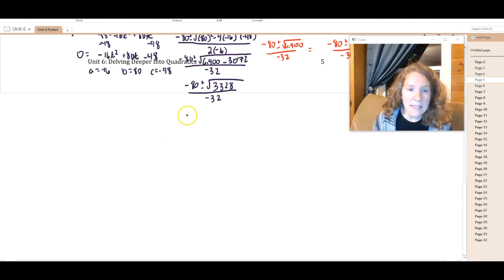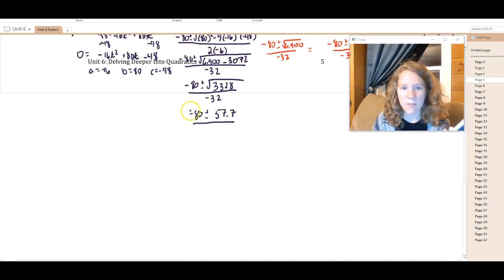But I got negative 80 plus or minus the square root of 3,328 is approximately 57.7. I'm just going to round to the nearest tenth or hundredth. It's going to be rounded at this point anyway, so whatever your paper tells you to do is fine. Over negative 32.